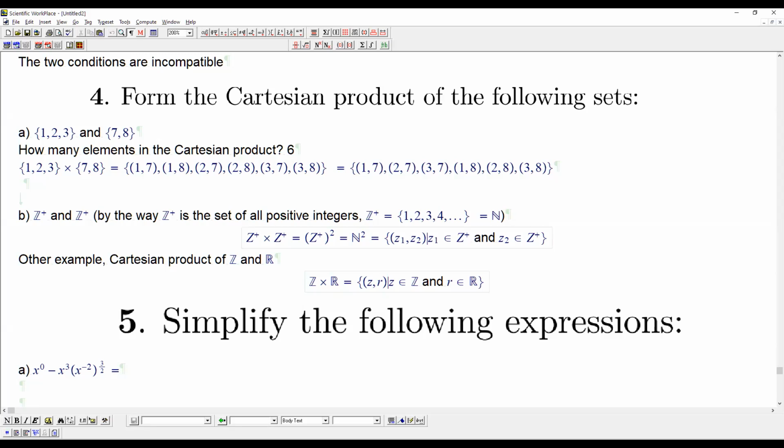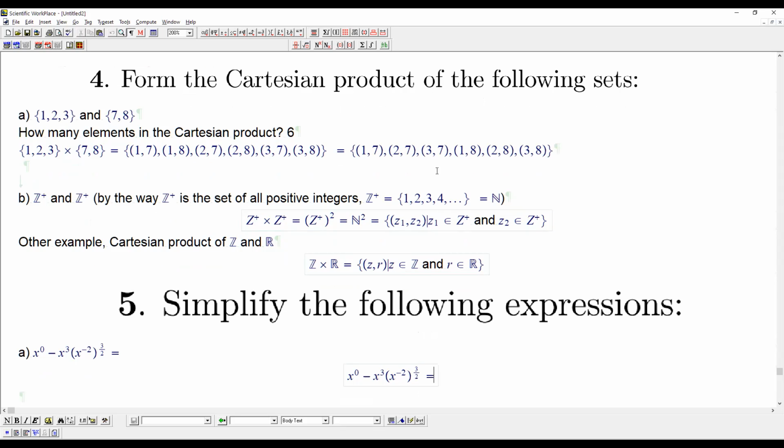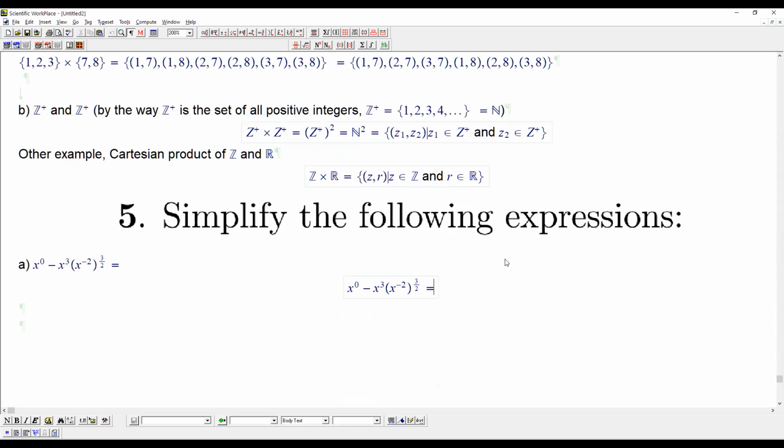So this is equal to, and now the first rule is simply that if you have something with an exponent, then a parenthesis and then another exponent, you multiply the two exponents together.